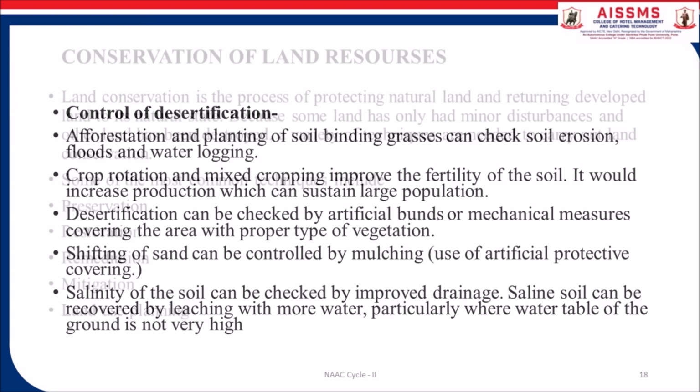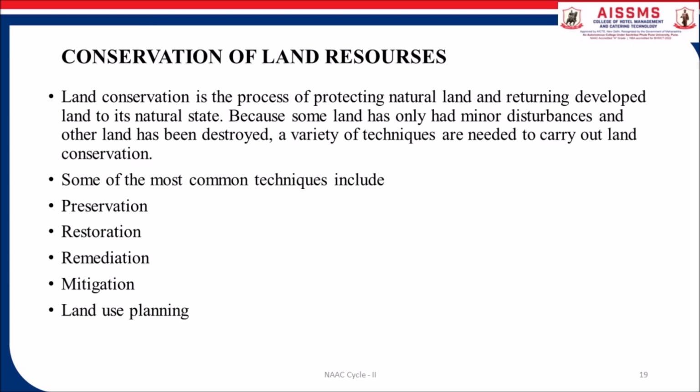Land conservation is the process of protecting natural land and returning developed land to its natural state. Because some land has only had minor disturbance and other land has been destroyed, a variety of techniques are needed to carry out land conservation.